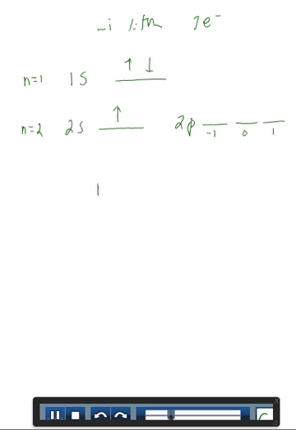Now, look at beryllium atom. There are 4 electrons. I have a 1s orbital. I have 2s orbital and the 2p orbitals.